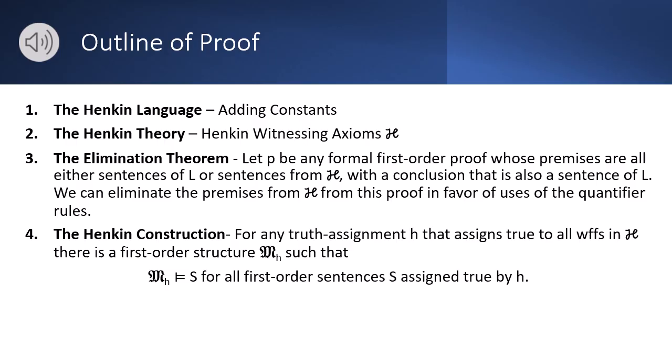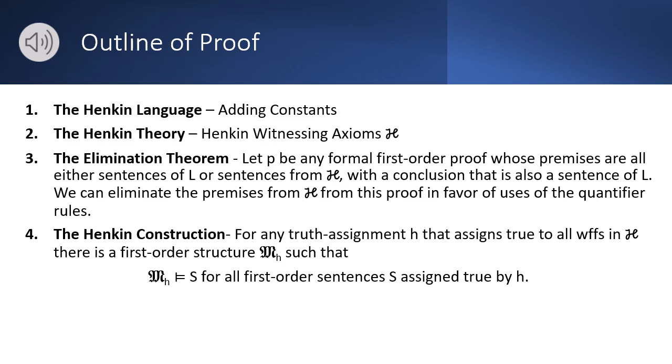So this elimination theorem will allow us to first get a proof in the tautological case, and then remove these assumptions about the Henkin theory to get a proof that just uses the quantifier rules.